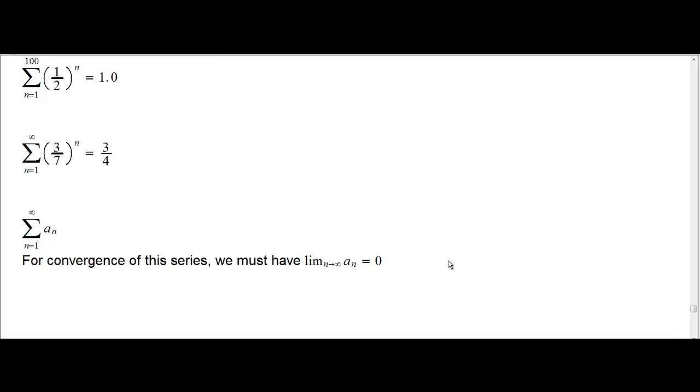Because if this is not 0, then we are adding a non-zero number repeatedly with itself, right? Eventually. Am I making sense? So it will not converge.